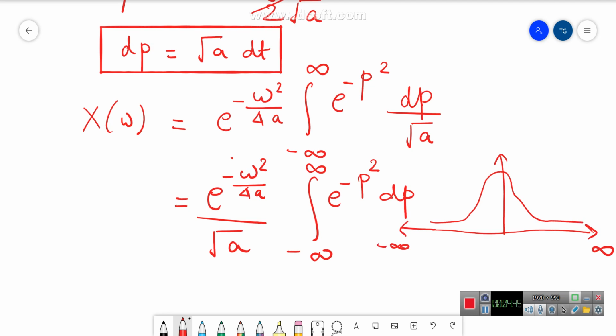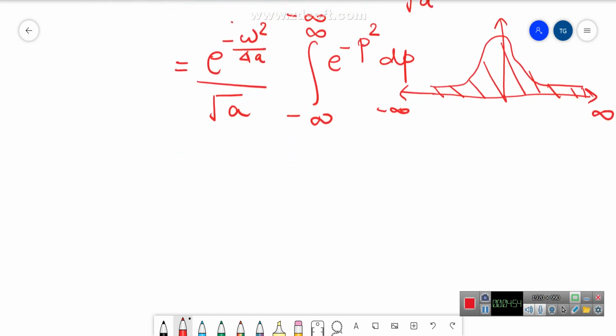Taking integration from minus infinity to infinity means we are taking the area under this curve, and we know that the area under a Gaussian signal, the integral of e to the power minus p square dp, is given by under root of pi.